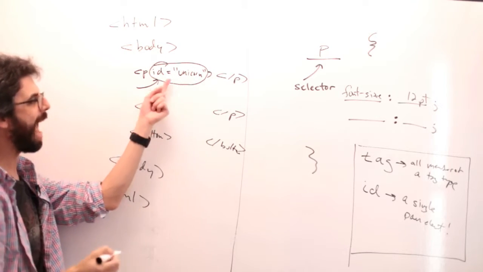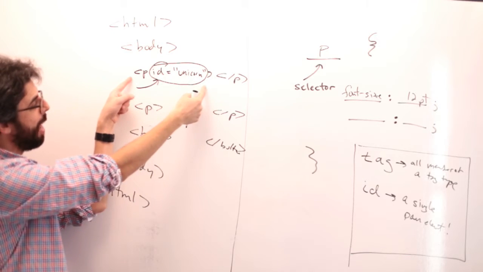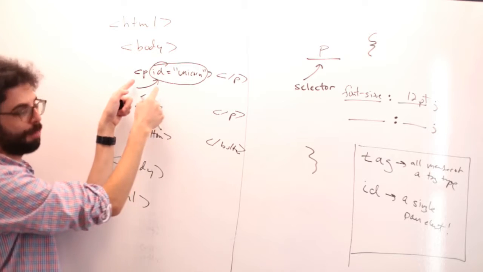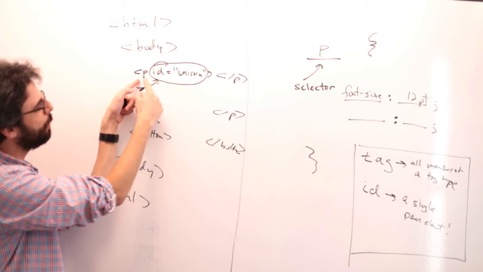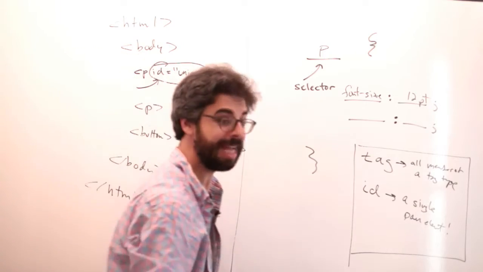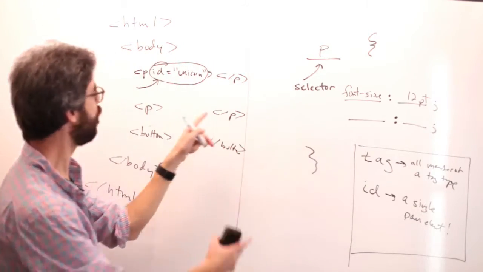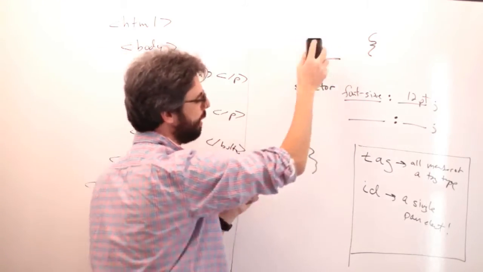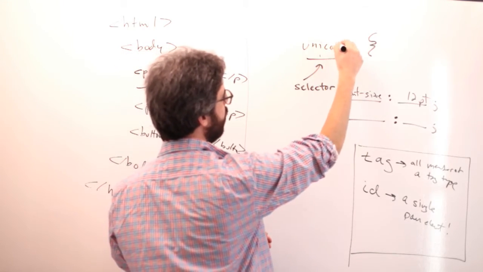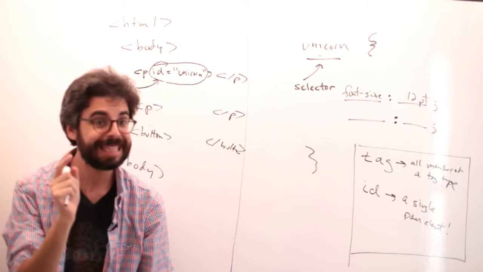This is an attribute for this particular DOM element. It gets an ID in addition. There's a space between the P, and then you say ID equals unicorn. So now, if you wanted to apply style to just this, you might think what you would write is just the term unicorn. This is not exactly correct, though.